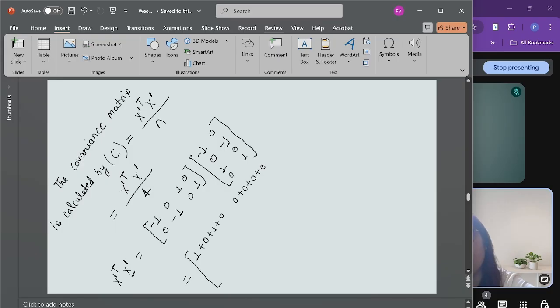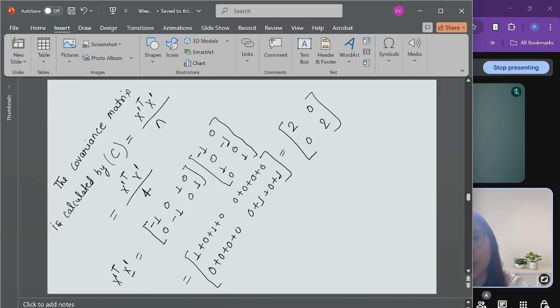Similarly for this one, you will get all zeros here also. In the last one, you will get 0 plus 1 plus 0 plus 1. So here you will get 2, 0, 0, 2. So this is the matrix x dash transpose x dash.